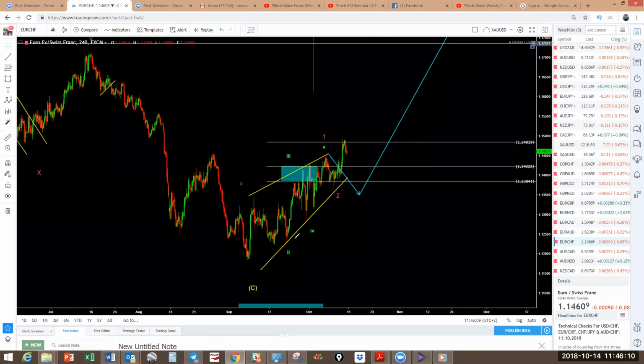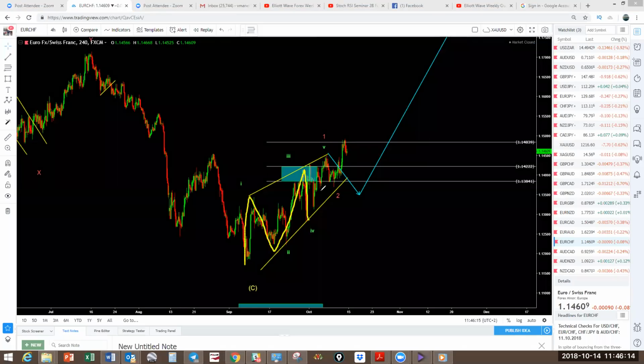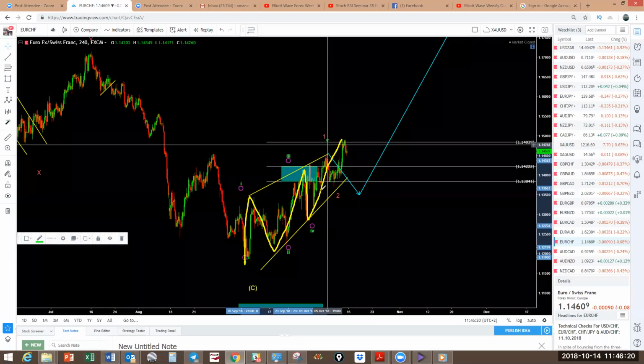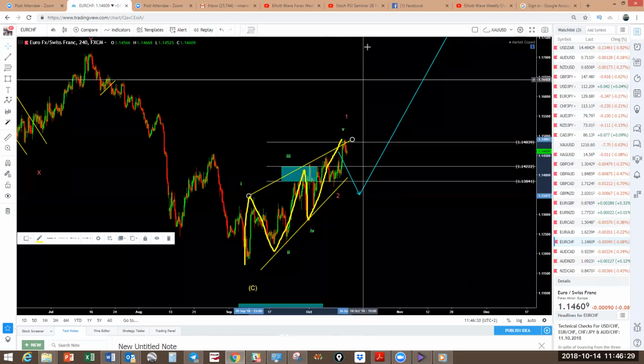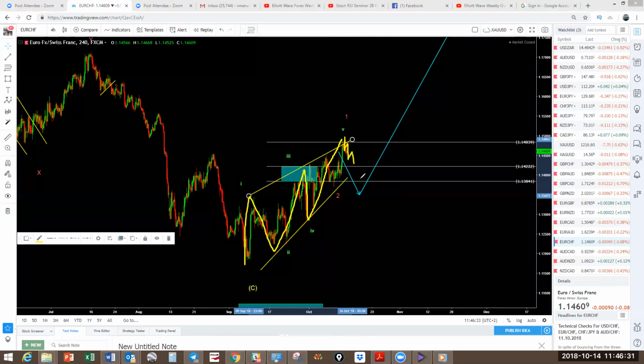So if this is a 1, 2, 3, 4, 5, this could have been a 5 actually. The 5 could be there, because the 5 is supposed to be a 3-wave move. So this could be a 5 that pushes up against the upper boundary between 1 and 3. That could be a wave 5, and from there we're going to expect a correction, a deeper one, for one more up.